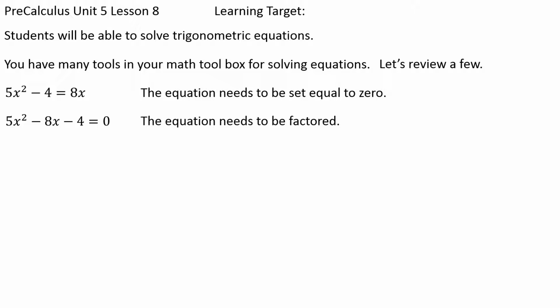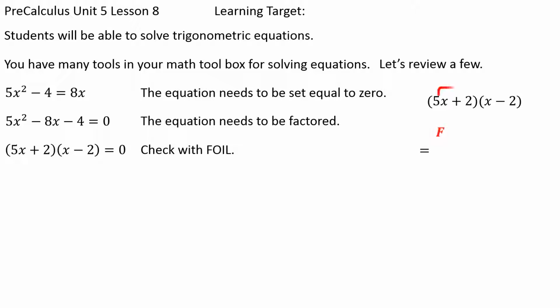And now I can factor, or if I preferred, I could solve by completing the square, or I could use the quadratic formula. I always find factoring to be the most convenient. Of course, how do I know for certain it's actually factored correctly? Check with FOIL. First term in each, 5x times x is 5x squared.